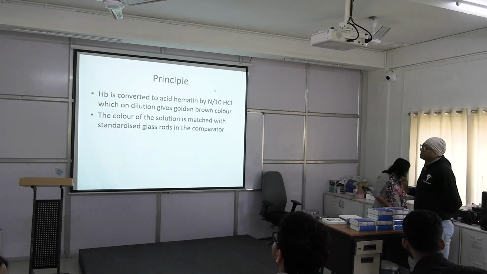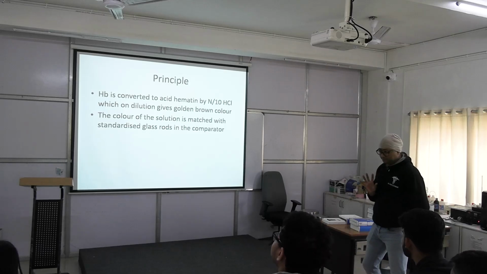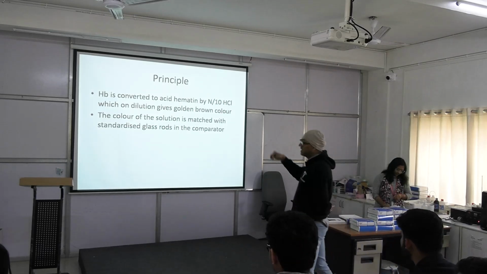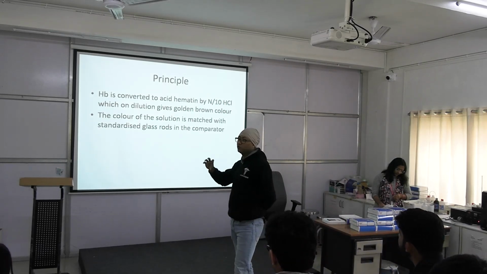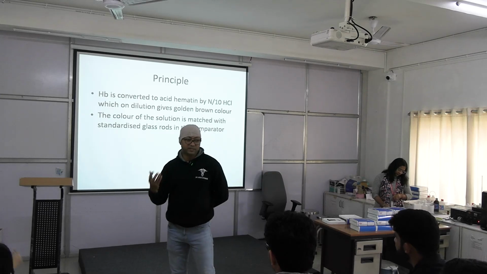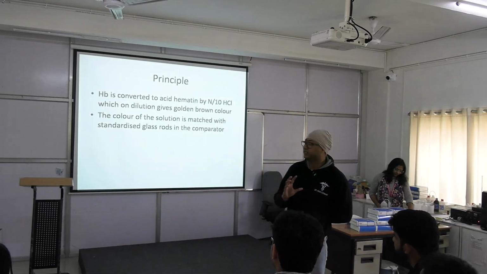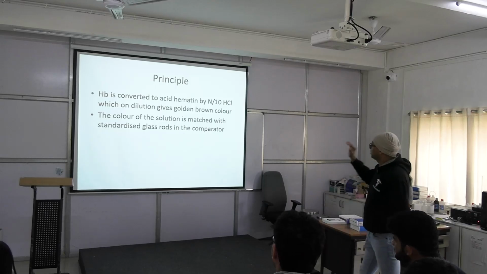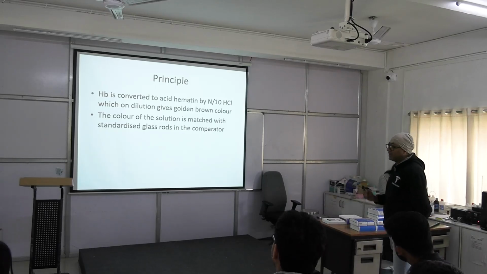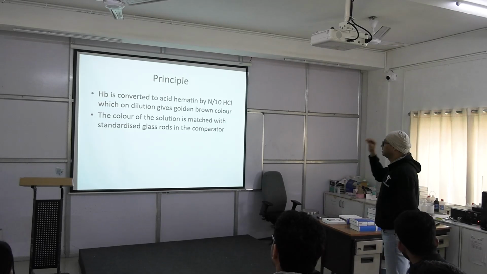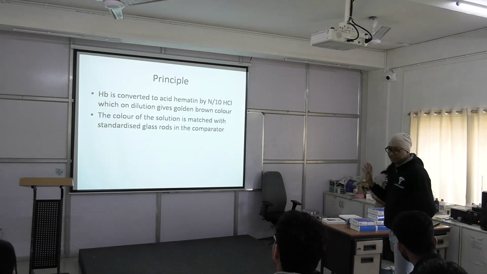So, hemoglobin is converted into acid hematin. If we add acid in blood, hemoglobin will be converted into acid hematin. It is of brown color, deep brown color. Practically we can add any acid, but conventionally we use N/10 HCl.